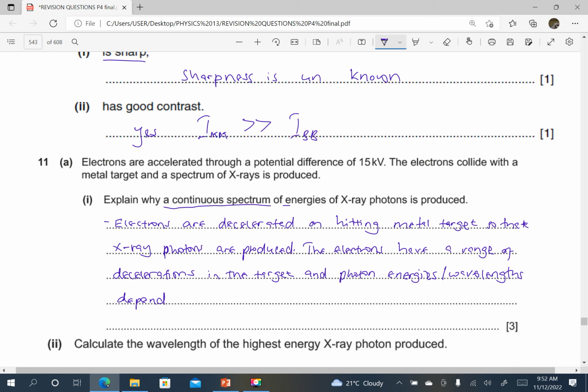The photon energies or wavelengths depend on the magnitude of decelerations.